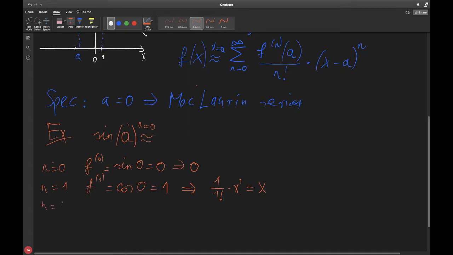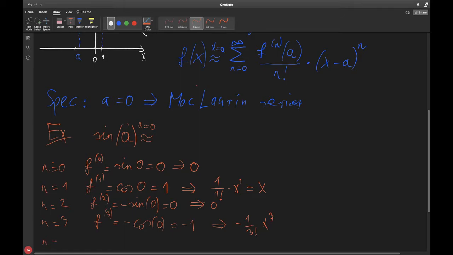Then when n equals 2, the second derivative of sine is the first derivative of cosine, that's minus sine. But at 0, that just gives us 0, so the whole term is 0. When n equals 3, we're differentiating minus sine, so that's going to be minus cosine of 0. Cosine 0 is 1, so this gives us minus 1. So from that, we have minus 1 over 3 factorial x cubed.